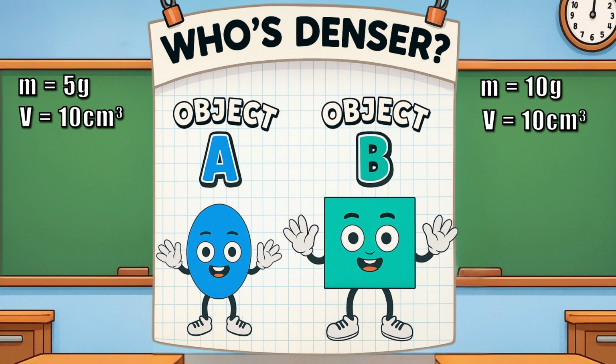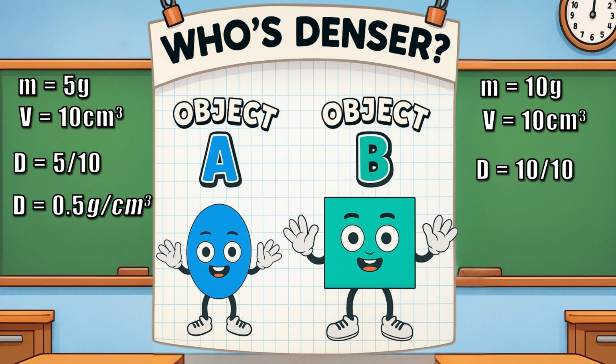Object A should be 5 divided by 10, which has an answer of 0.5 grams per cubic centimeter. While for object B, let's divide 10 divided by 10, and the answer is 1 gram per cubic centimeter. So object B is clearly denser because it has higher density than object A.